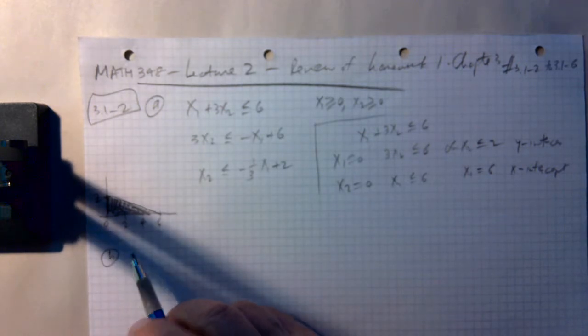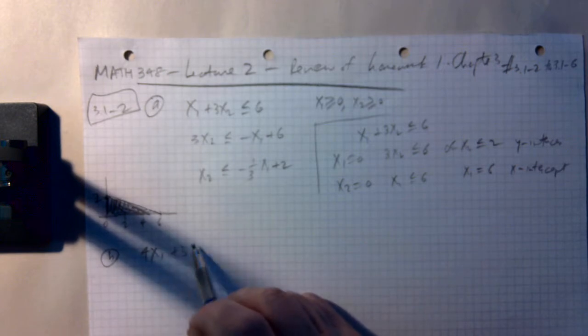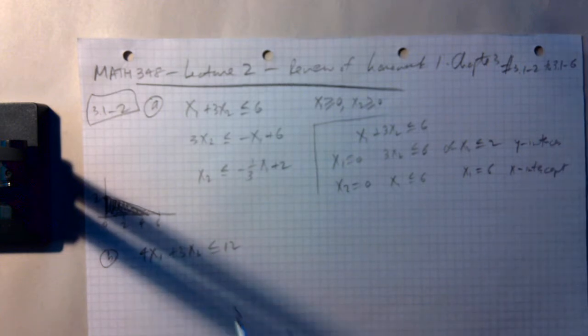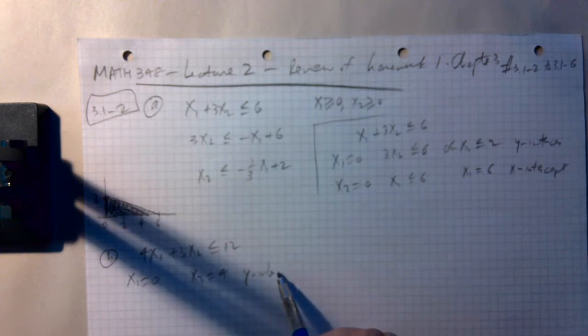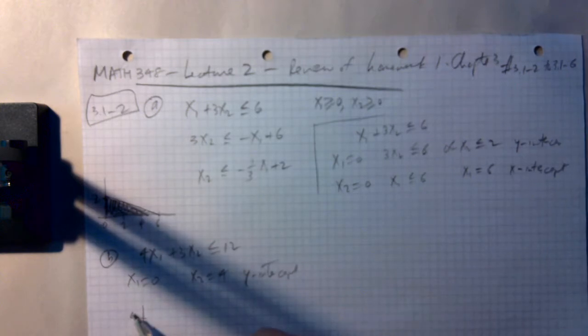B, we have the region 4x1 plus 3x2 less than or equal to 12. And again, the same non-negativity conditions. What can we say about this? Well, if x1 is 0, 3x2 equals 12 when x2 equals 4. So this is the y-intercept. Right?